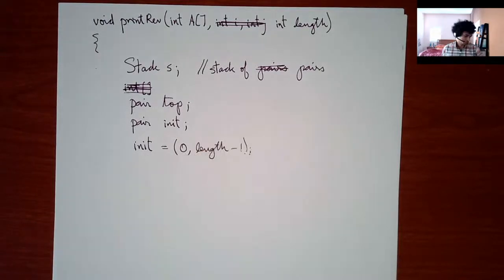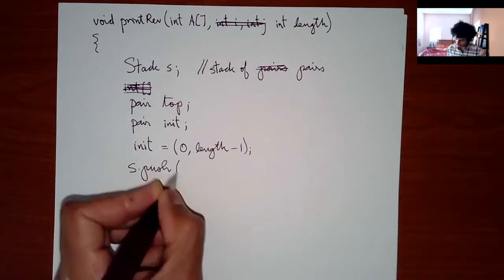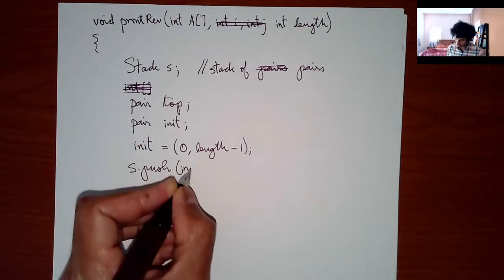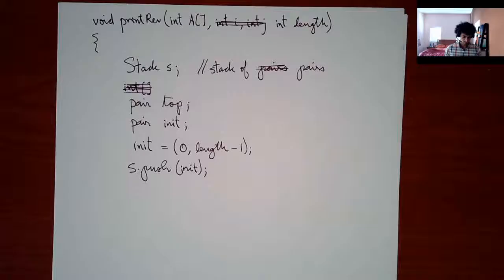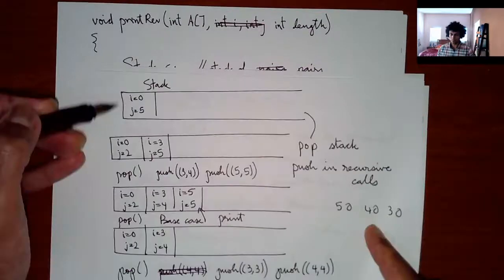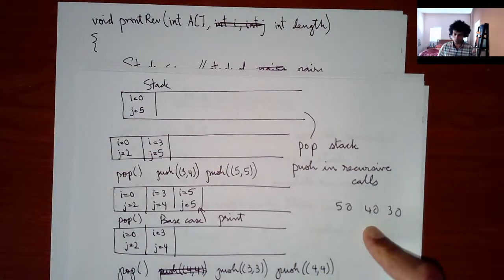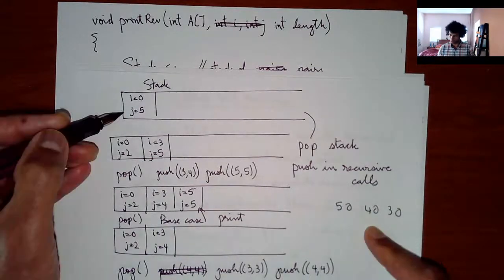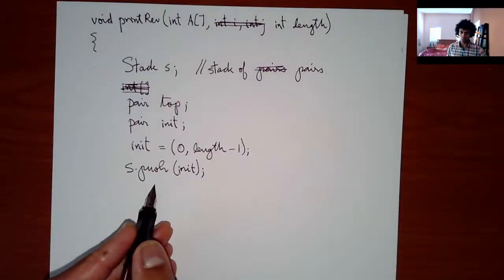So this is my pair. Then I push this pair onto the stack. This is how I start the stack. This is exactly doing this process here. What I'm pushing onto the stack is the head recursive call, the first recursive call. So I'm pushing 0, length minus 1.